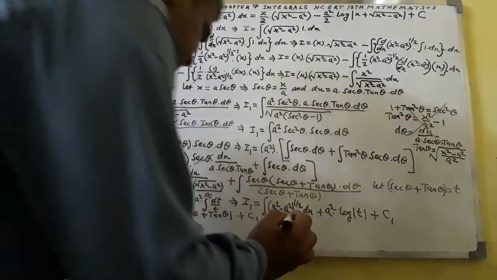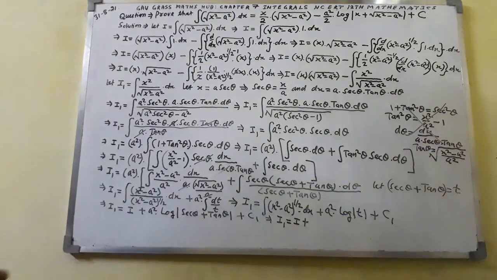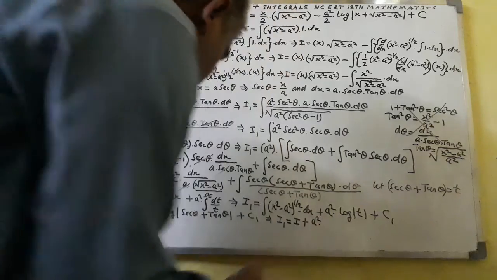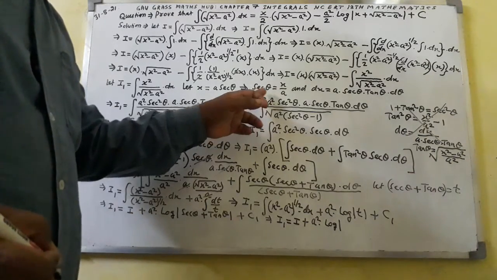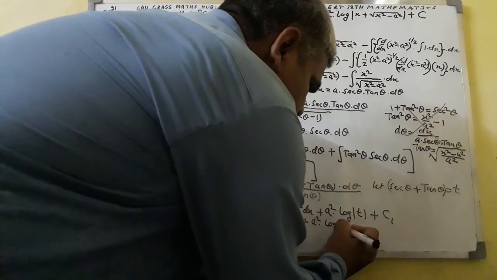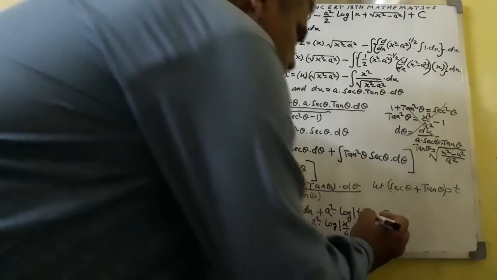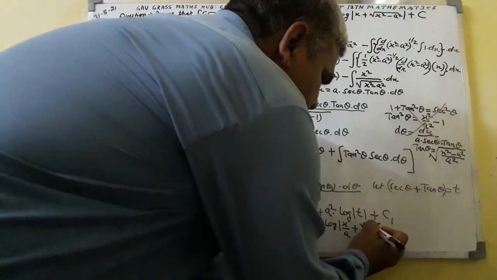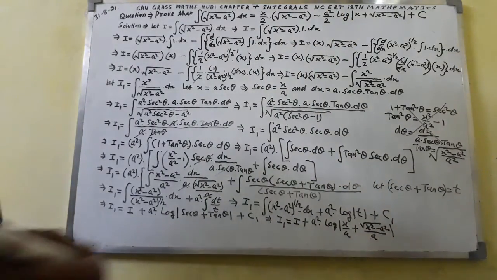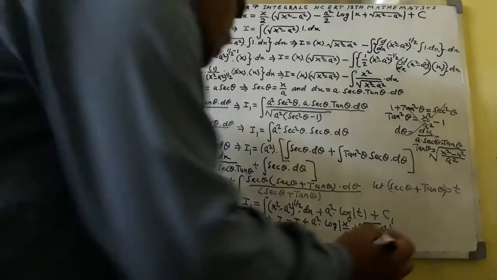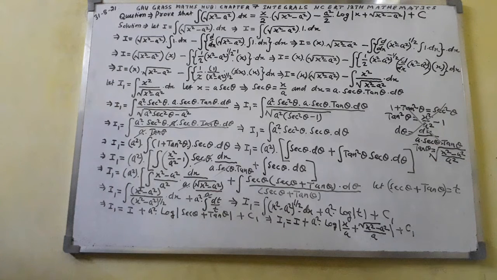So again I can write here I1 equal to I plus a square, I shall write log mod, in place of sec theta, x over a, plus, in place of tan theta I shall write under root x square minus a square, whole over a, plus C1.